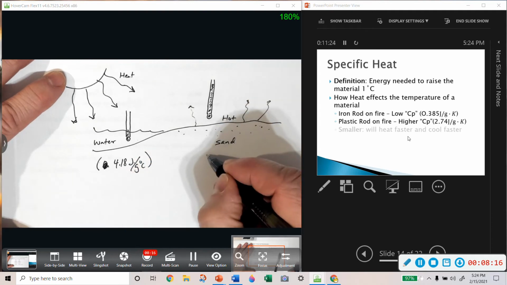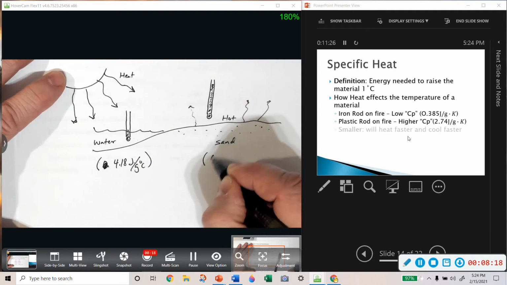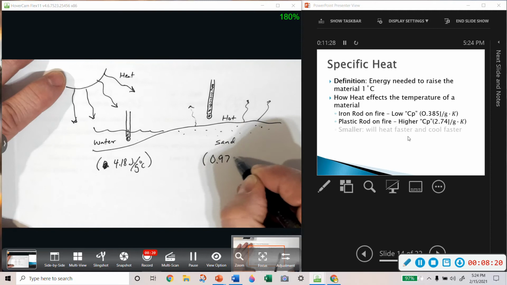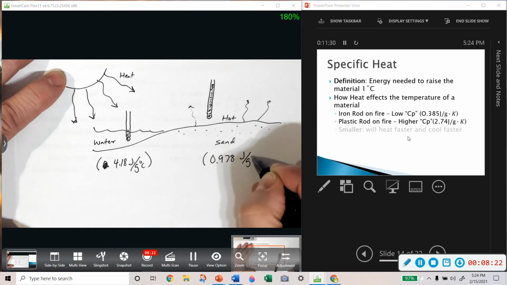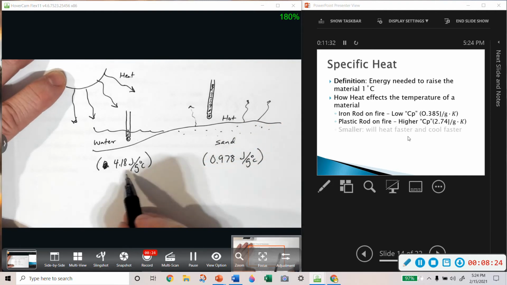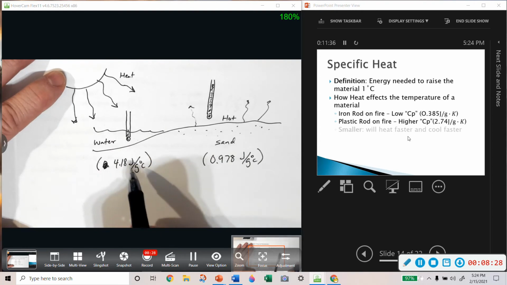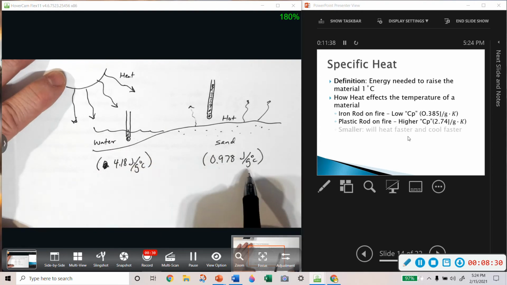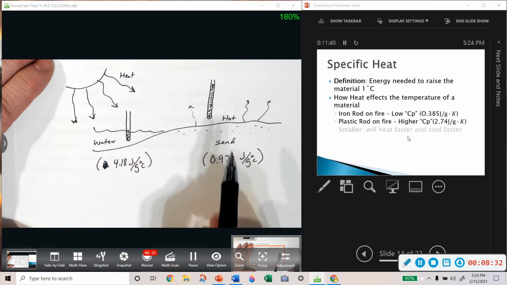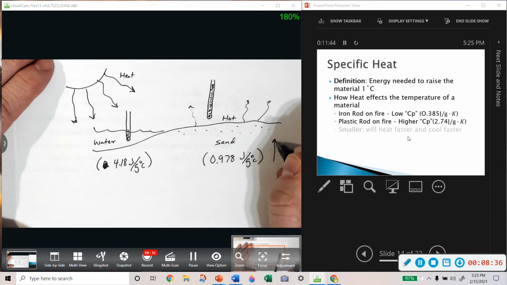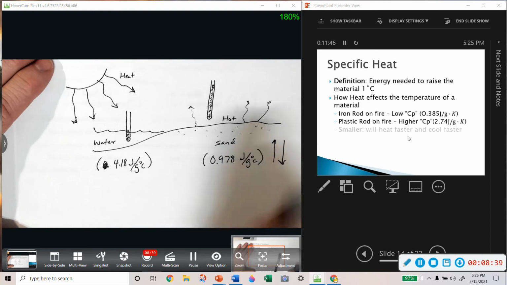Sand is 0.978 joules per gram degree Celsius. And so what happens is this can hold more energy per gram than this can. So the moment heat hits the sand, it can't take the heat, so it quickly rises up, but then it quickly cools off at night.